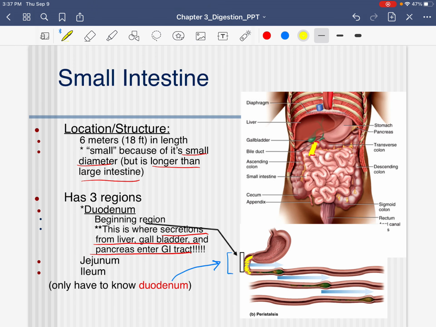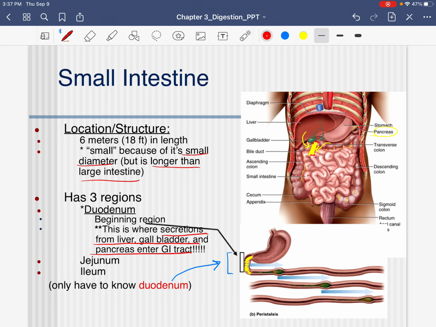So why that's so important, the duodenum, is because all the enzymes and goodies from our liver enter the duodenum. All the goodies from the pancreas enter the GI tract at the duodenum. So it is the emptying point. It is how juices, secretions from the accessory organs get into the small intestine.